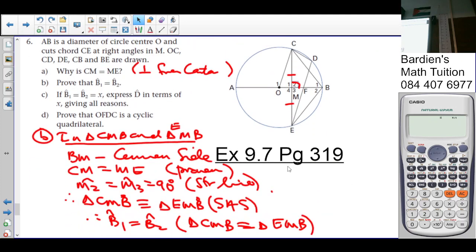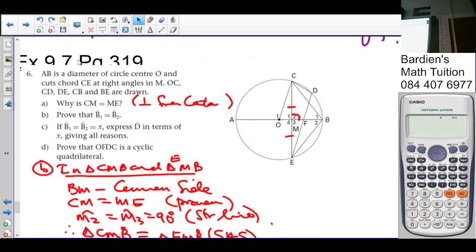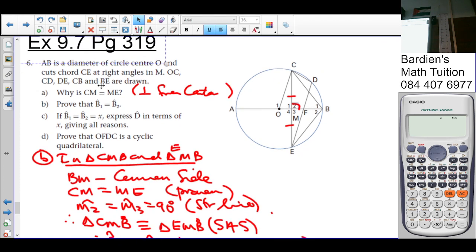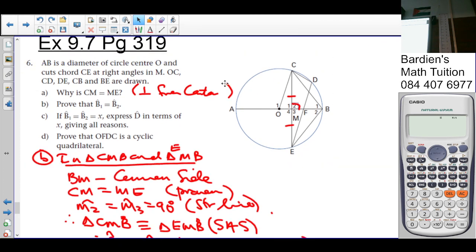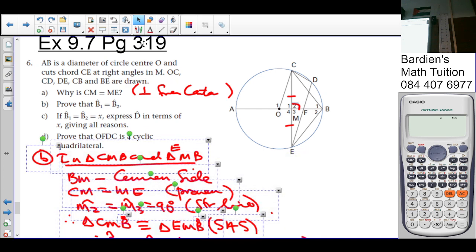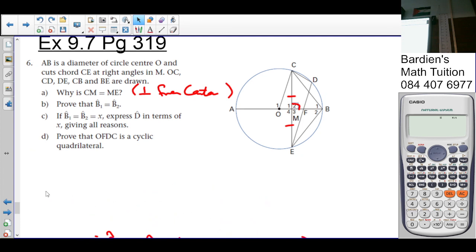Again, I'm going to take this off so that you can keep the diagram in focus. Okay, so we got that. So B1 is equal to B2. Right, let's go to C.